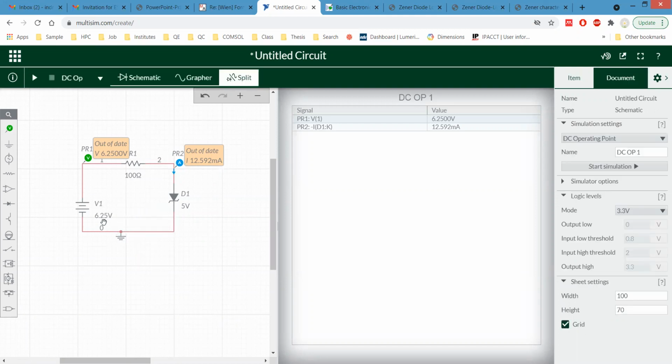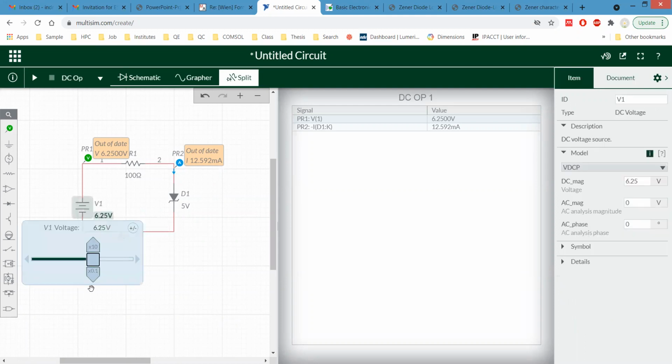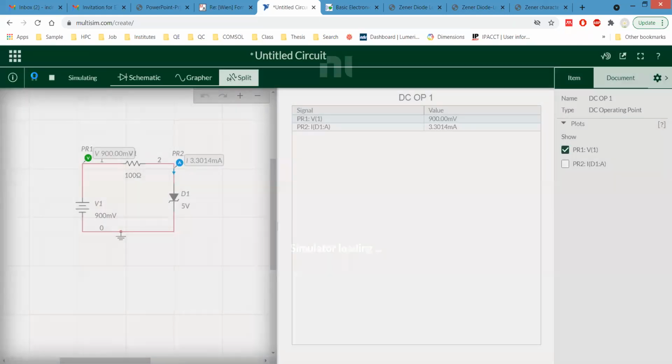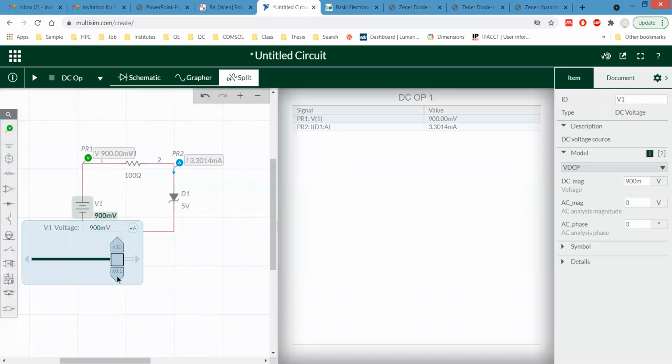Okay, Saurabh, please note down all the values. Let's change it to 900 millivolts. Okay. So for 900 millivolt, it is in 3 milliamps. Okay, means we have to go below it.